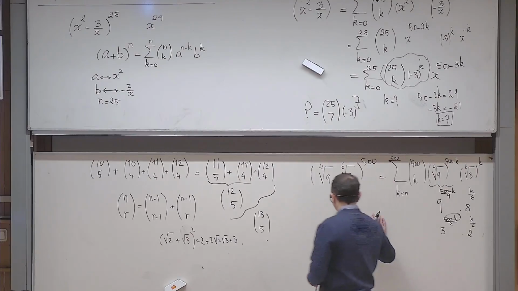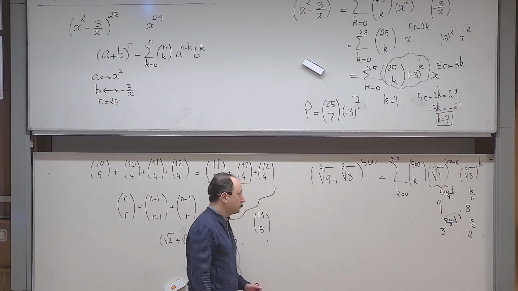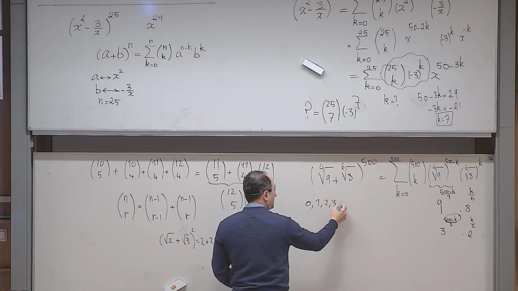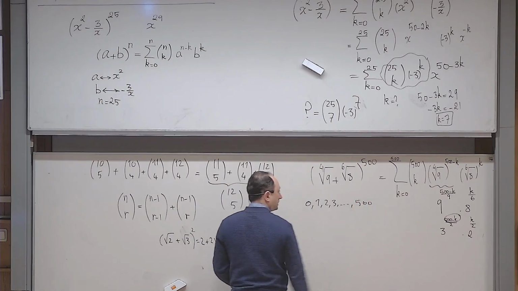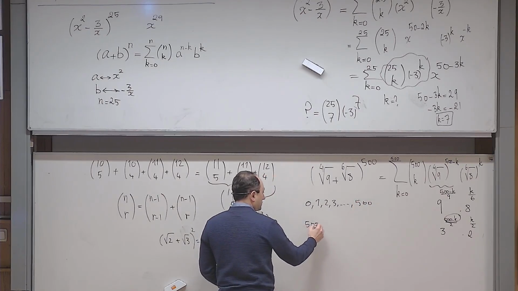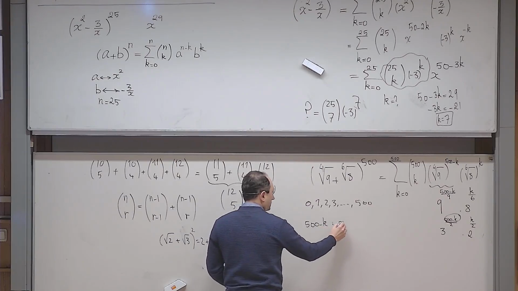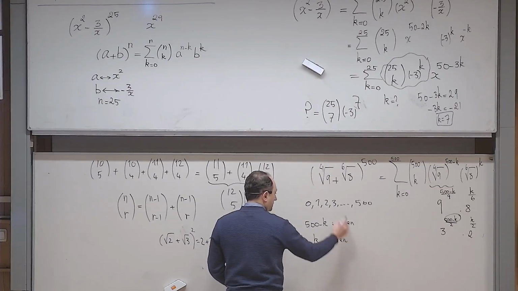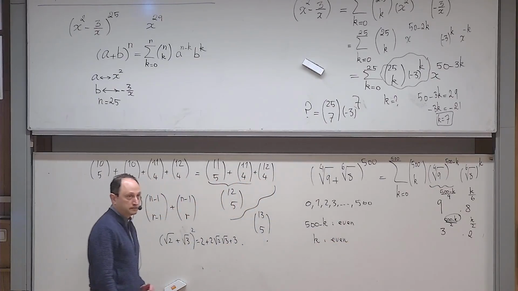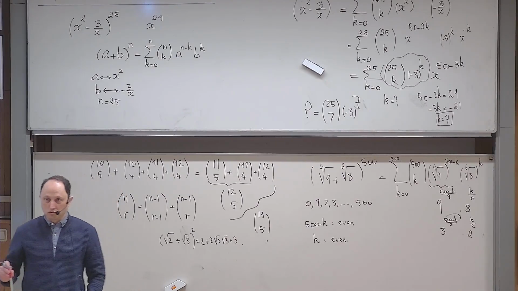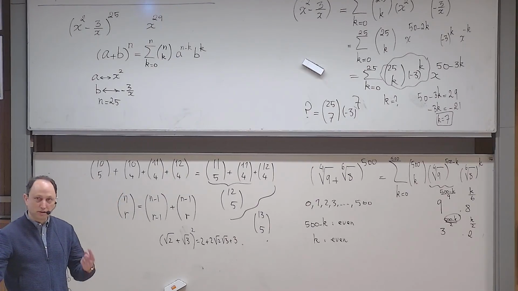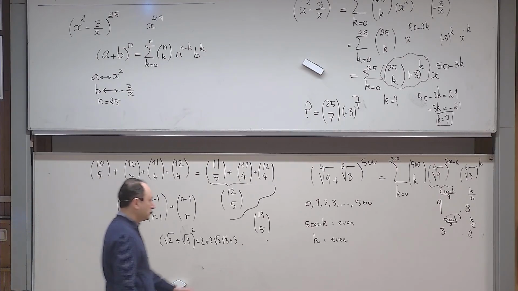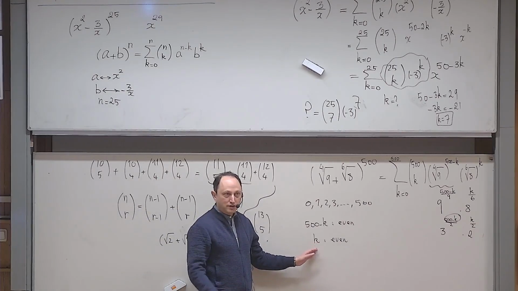Okay, so what should I do? Can you see how I can solve this problem? The numbers that are involved are 0, 1, 2, 3, up to 500. 500 minus k should be even, and k itself should also be even. I think you see that both of them give me the same condition. Do you agree? Because on the one hand, I want to have k even.